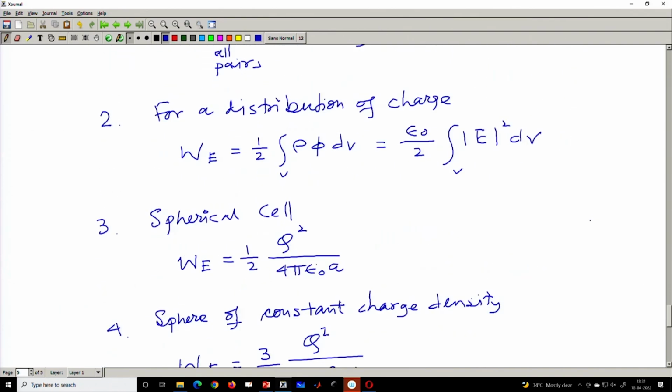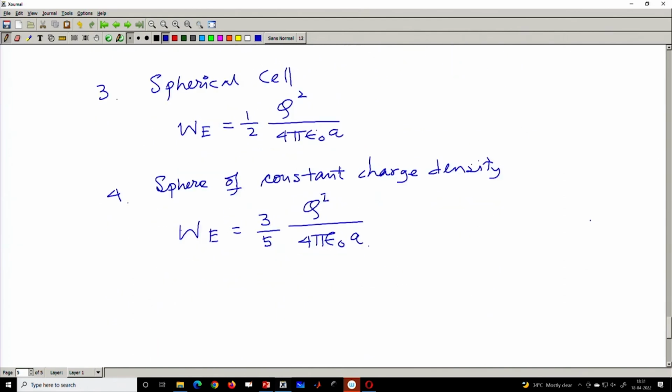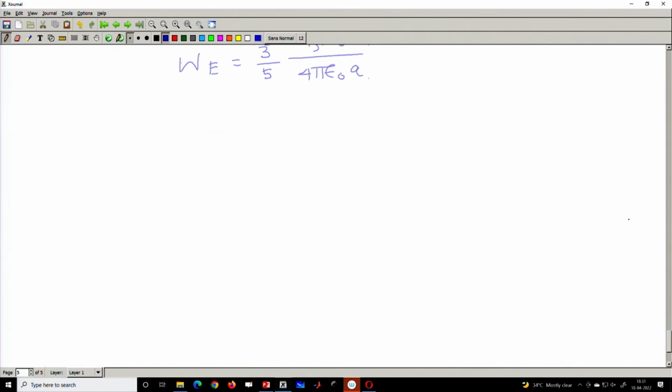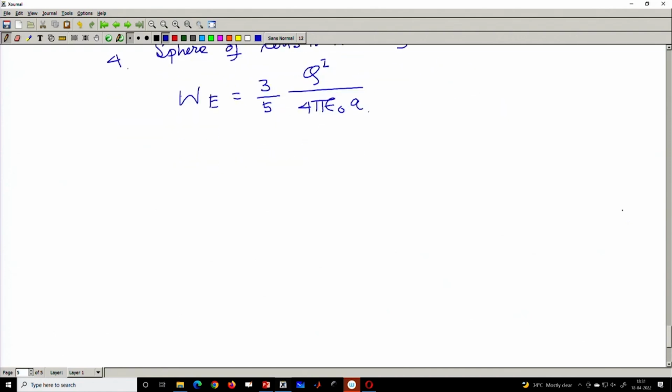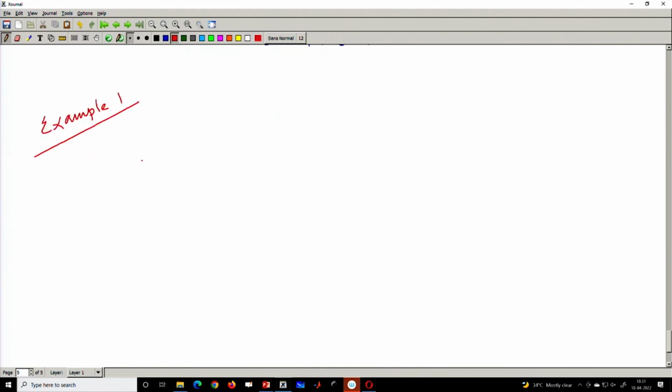Now, one by one we are going to see. The first thing is example 1, and that is the point charge. This is the distribution of the charge that is given.